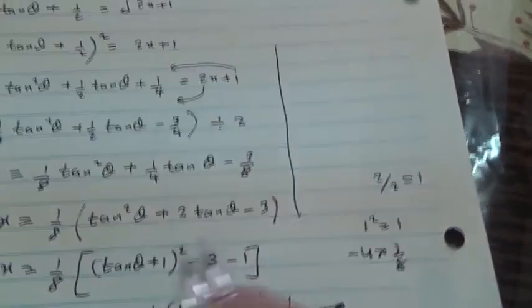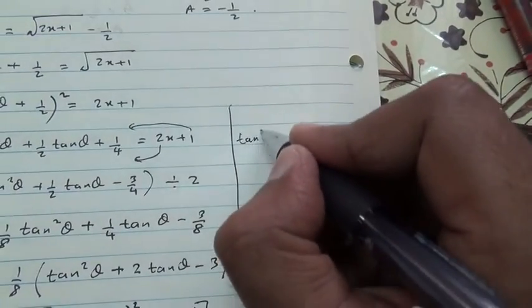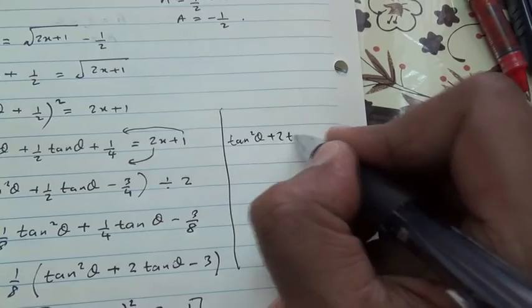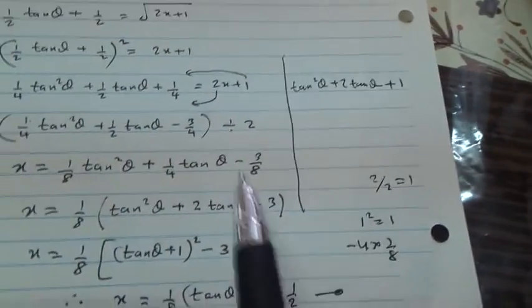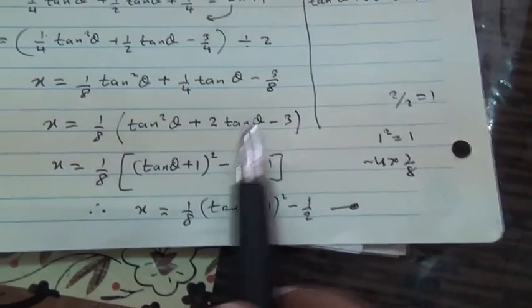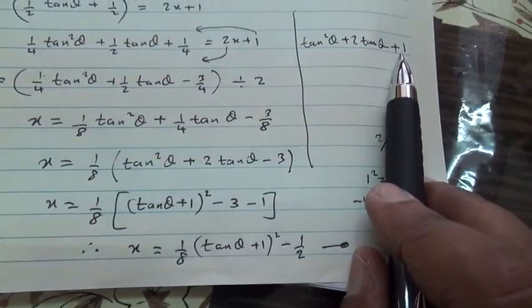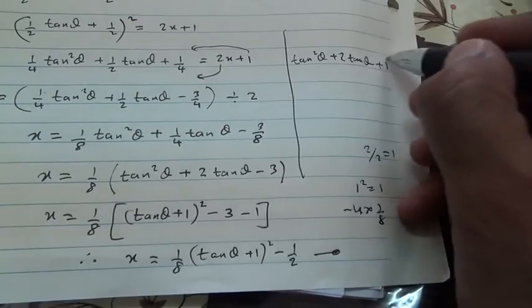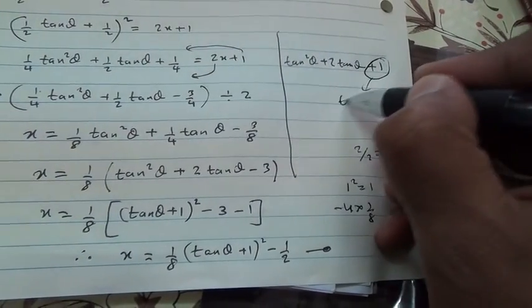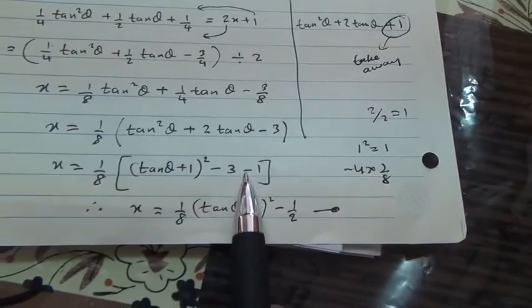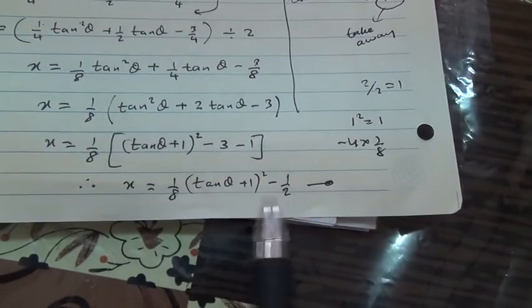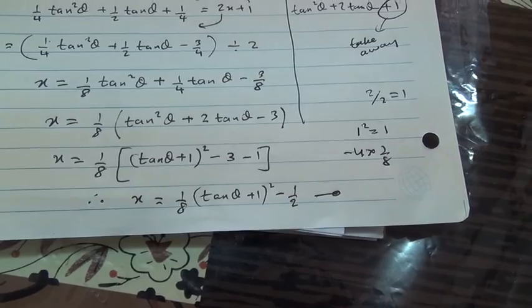If you expand this, it's going to become tan squared theta plus 2 tan theta plus 1. And we have this, but you don't have the 1. That's why we have to take this one away. So that's the reason why I've taken it away. And here we are, x is expressed in terms of theta.